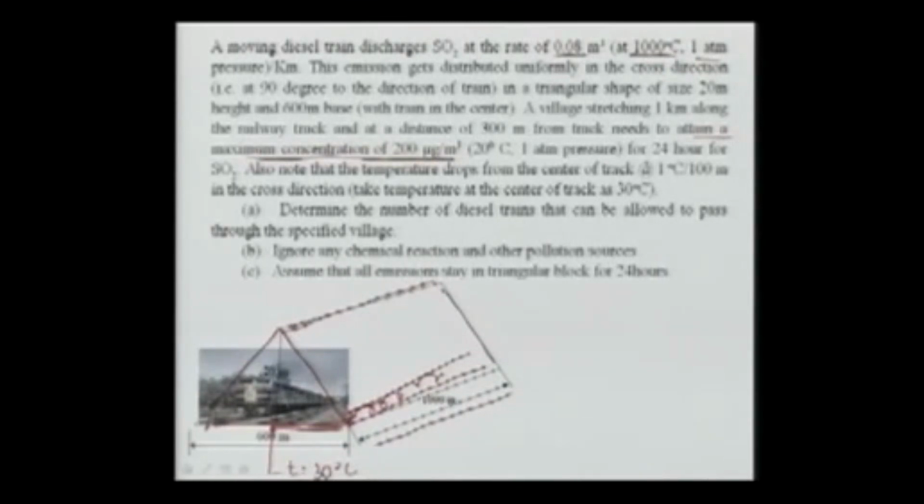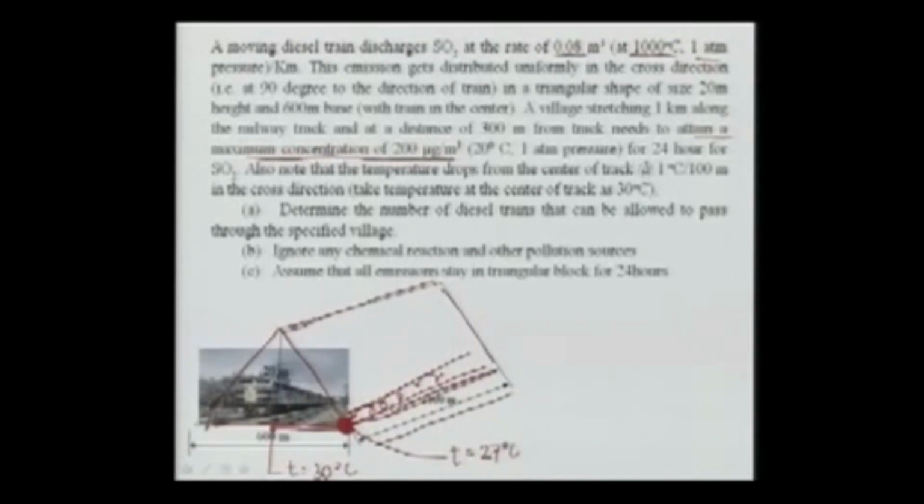So the temperature all along the village is dropping at the rate of 1 degree per 100 meters. We are moving 300 meters, so 3 degrees Celsius will be dropped. So the temperature at this point will be 27 degrees Celsius.